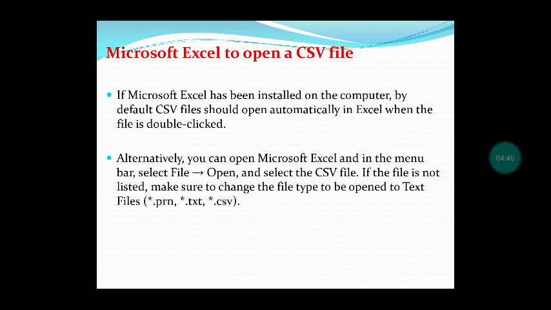Otherwise, you have to open Microsoft Excel and go to the menu File, Open, and select the CSV file. And if the file is not listed, you have to select the file type as .csv or *.txt or *.prn. Then the CSV file will be opened in Microsoft Excel. In this way, you can open a CSV file in Microsoft Excel.